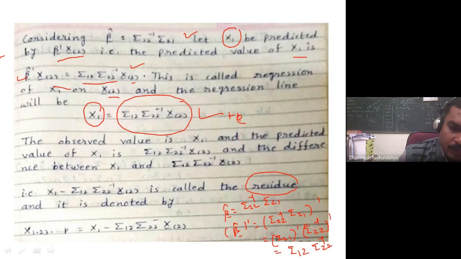So the residual is denoted by, कैसे डिनोट करेंगे रेसिड्यूल्स को? तो इट इज डिनोटेड बाय द x1 डॉट 2 3 up to p. यहाँ पे इसका मतलब क्या हुआ? x1 dot 2 3 up to p means that first variable of x is a function of the rest of variables, is nothing but x1 minus sigma 1 2 sigma 2 2 inverse x2.